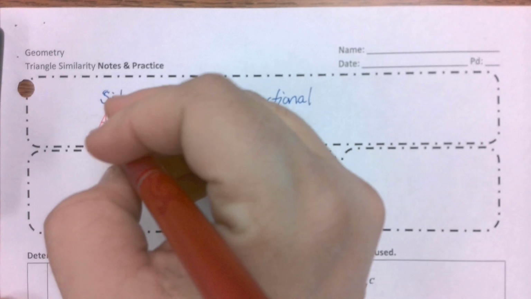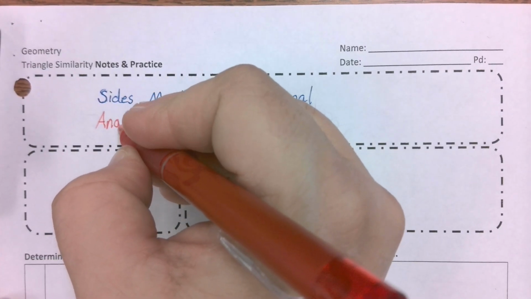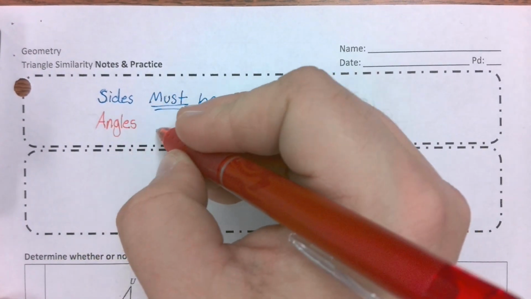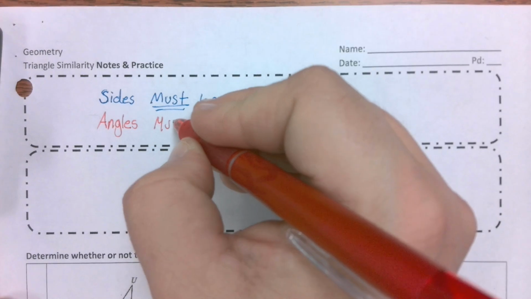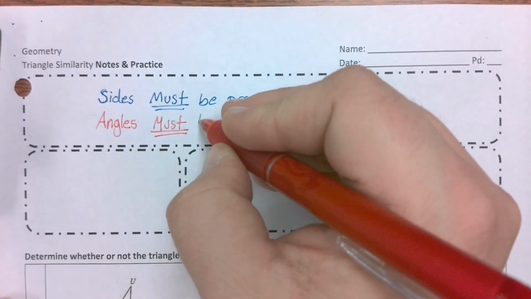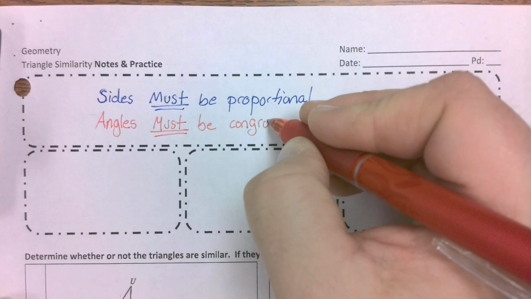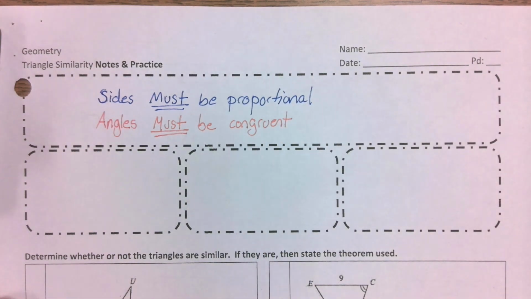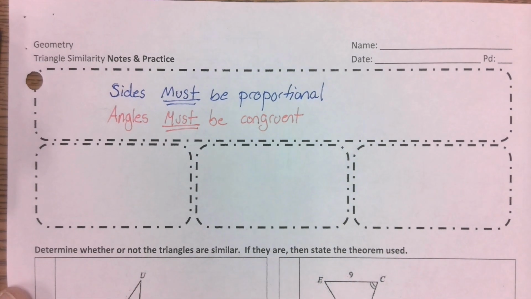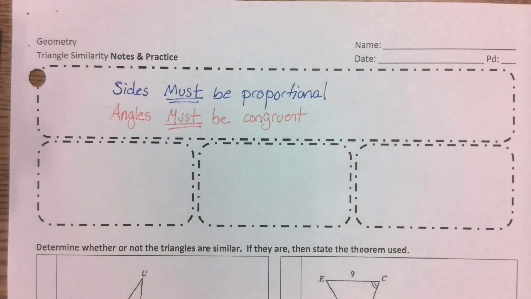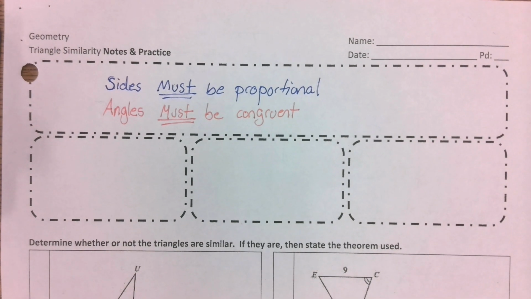Angles, on the other hand, should be congruent. Angles, the corners, must be congruent. And you're writing this down, right? Right. Thank you.